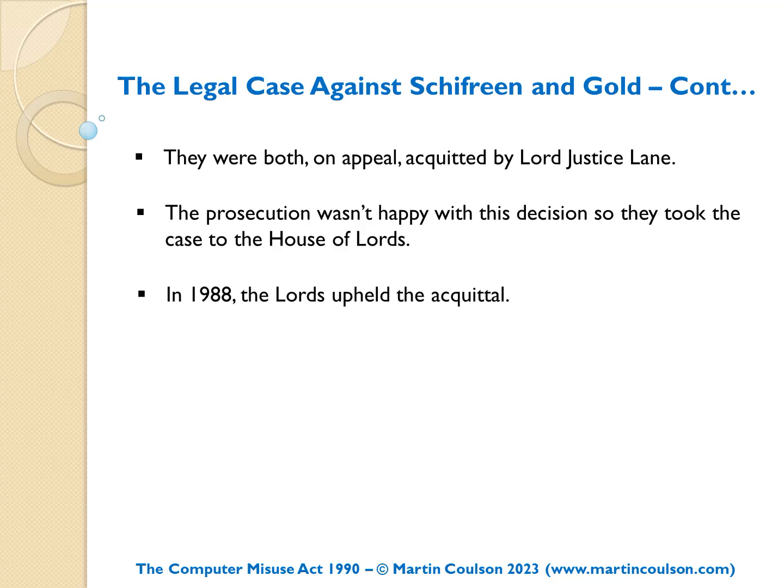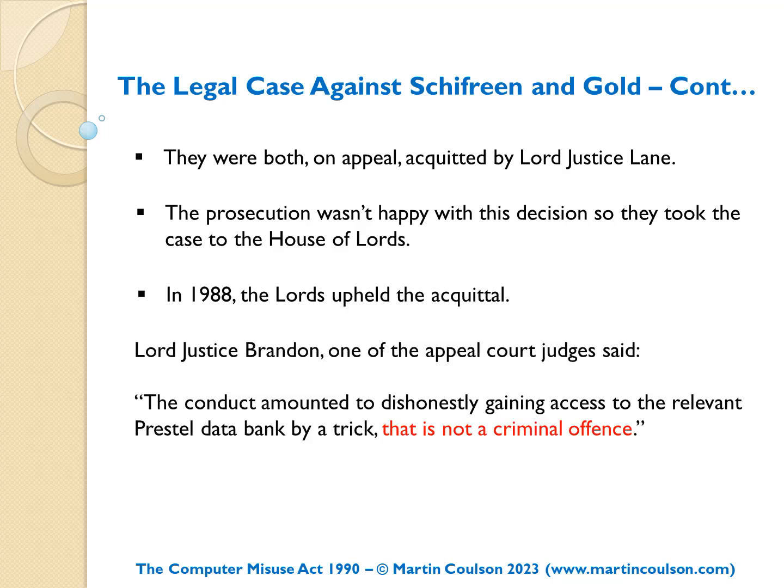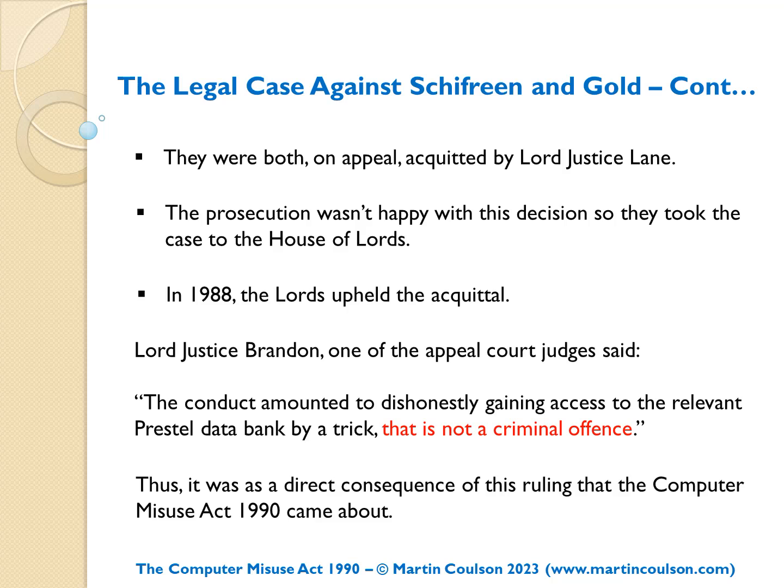However, much to the frustration of the prosecution, in 1988, the Lords upheld the acquittal. Furthermore, Lord Justice Brandon, one of the appeal judges, said that the conduct amounted to dishonestly gaining access to the relevant Prestel databank by a trick, and that such behavior was not a criminal offense. Thus, it was as a direct consequence of this ruling that the Computer Misuse Act of 1990 came about.